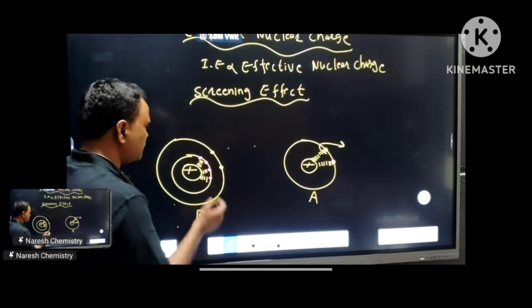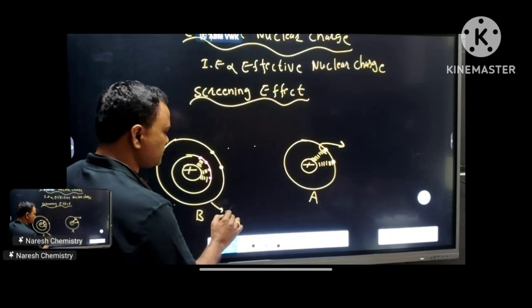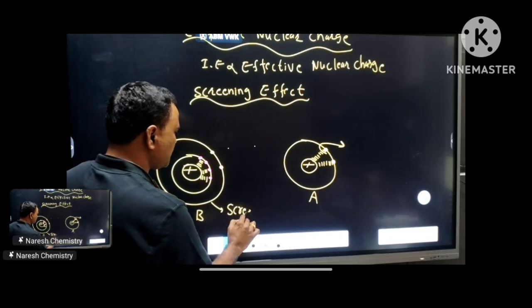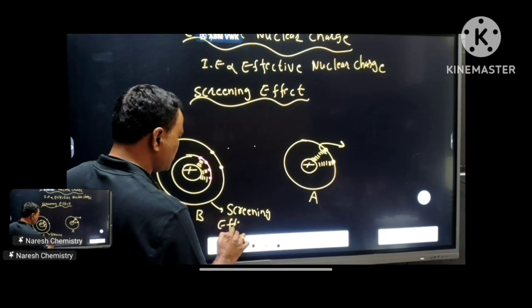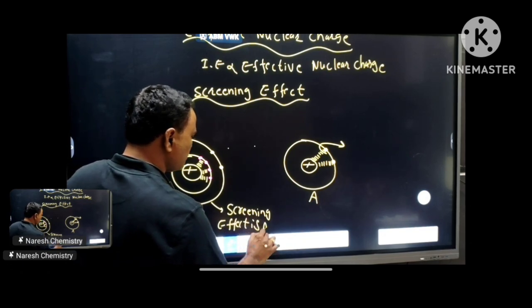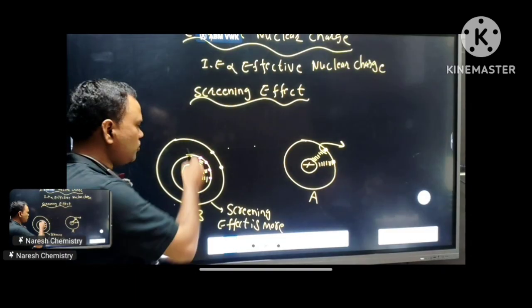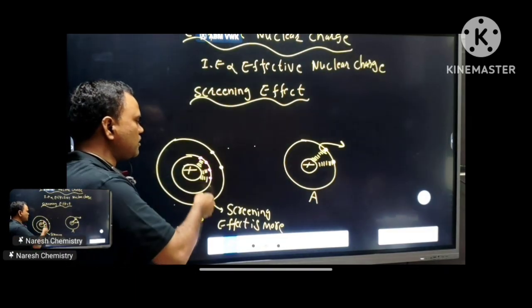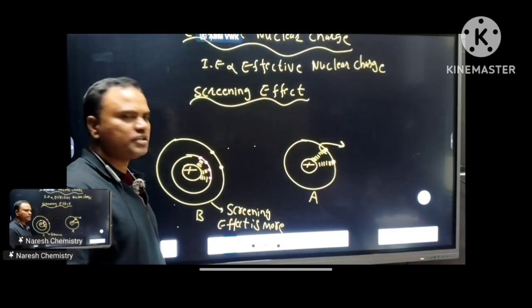Here, is screening effect more or less? Screening effect is more in B. Just imagine that the pink color electrons, these four electrons, act like a screen. Screen is present, so screening effect is present.